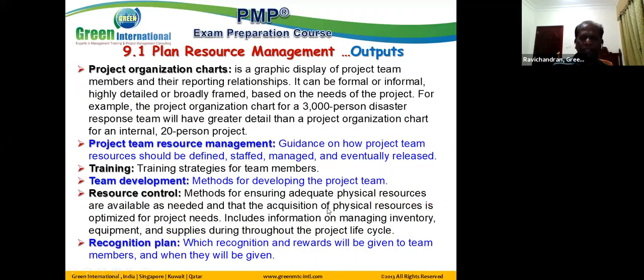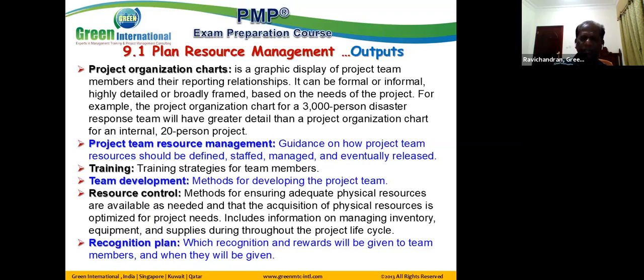The project organization chart is defined. It could be in a graphical format, or it could be other ways of representing the relationship between the various team members in the project. Or you may have an Excel chart indicating the different roles and responsibilities of the team members. And then we also define the project team resource management plan, which gives you guidance on how the project team should be defined, staffed, managed, and eventually released, including release planning.